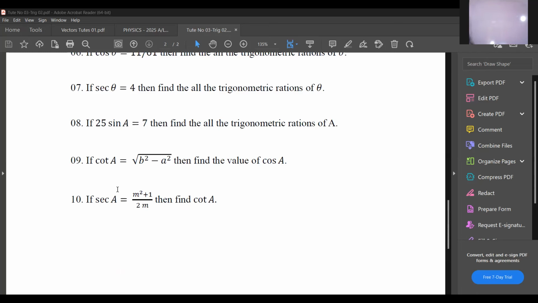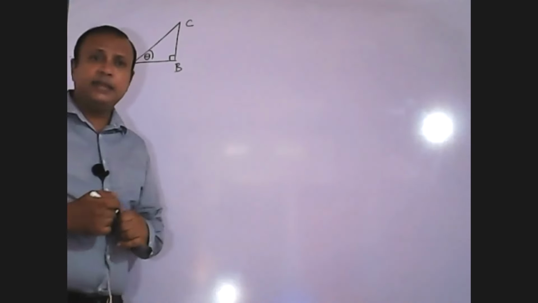Cot theta. We are given cot theta. Again, we can draw a triangle and mark cot theta. A, B, C. We are given that cot theta is the square root of B squared minus A squared.